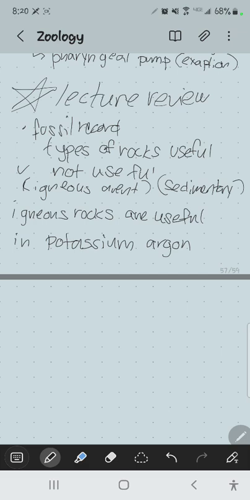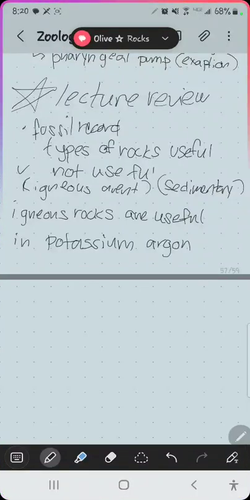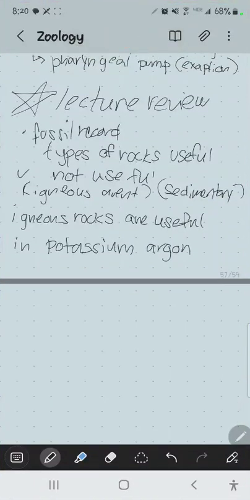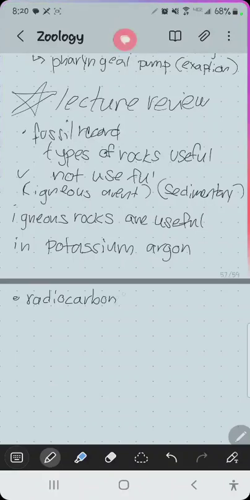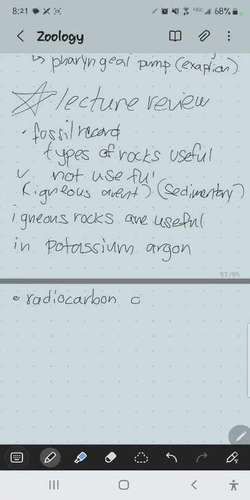And then lastly, if I have a question about radiometric dating and ask you about radiocarbon dating, the main answer I'm looking for is that radiocarbon dating doesn't really apply to fossils. Why is that? What was the main reason I gave for why carbon dating can't really be used here? Yeah, it's not old enough.